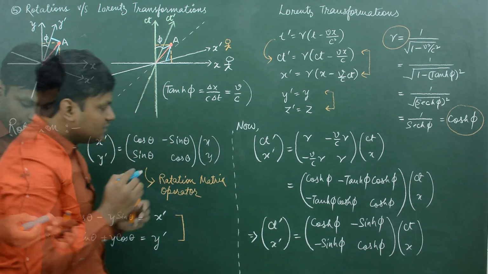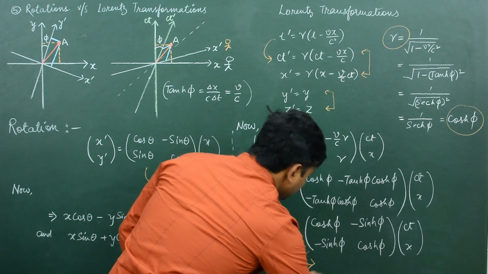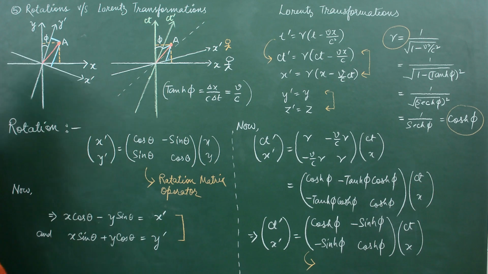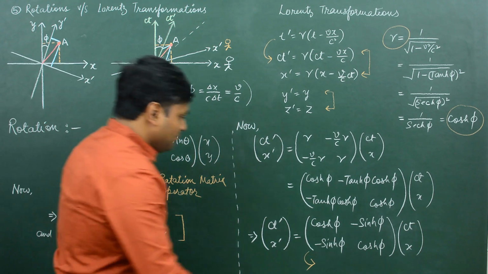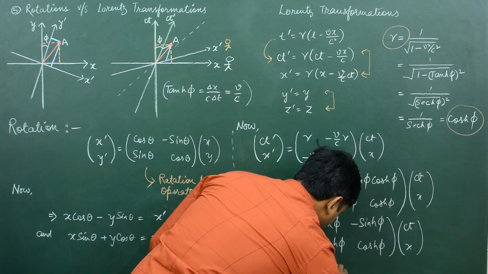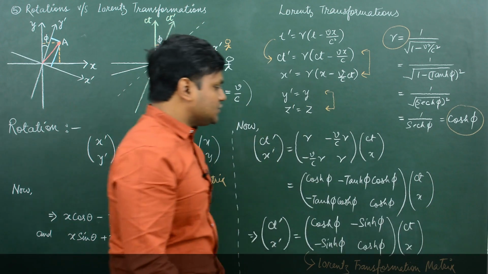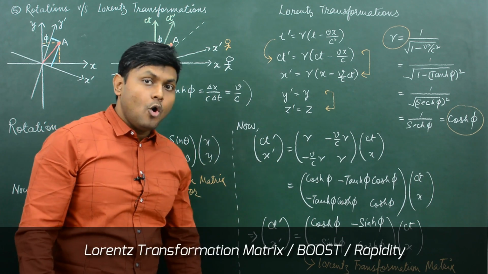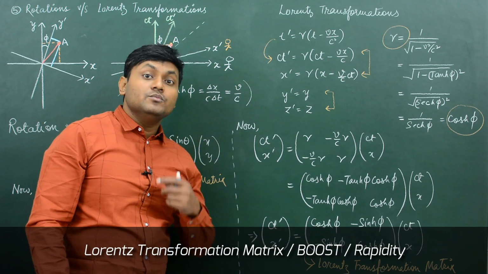That's it. So this matrix represents the Lorentz transformation matrix operator, also known as the Lorentz boost.